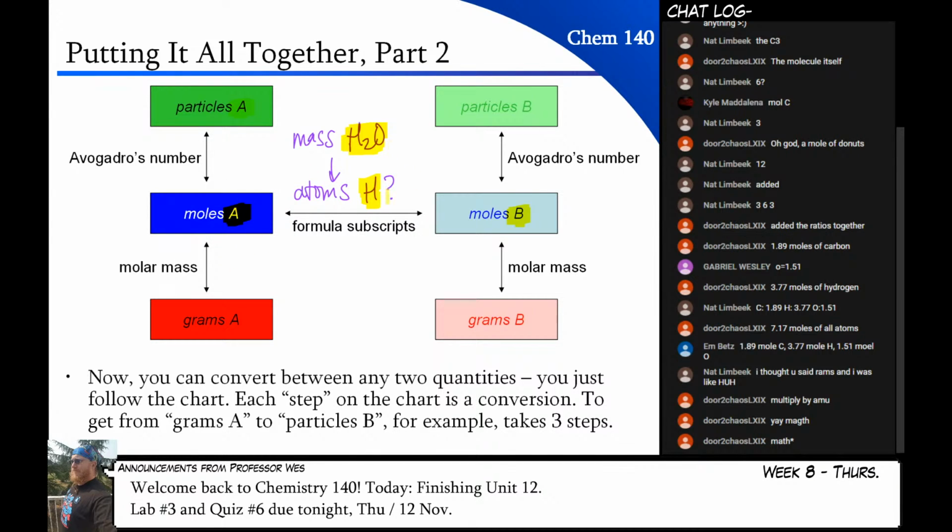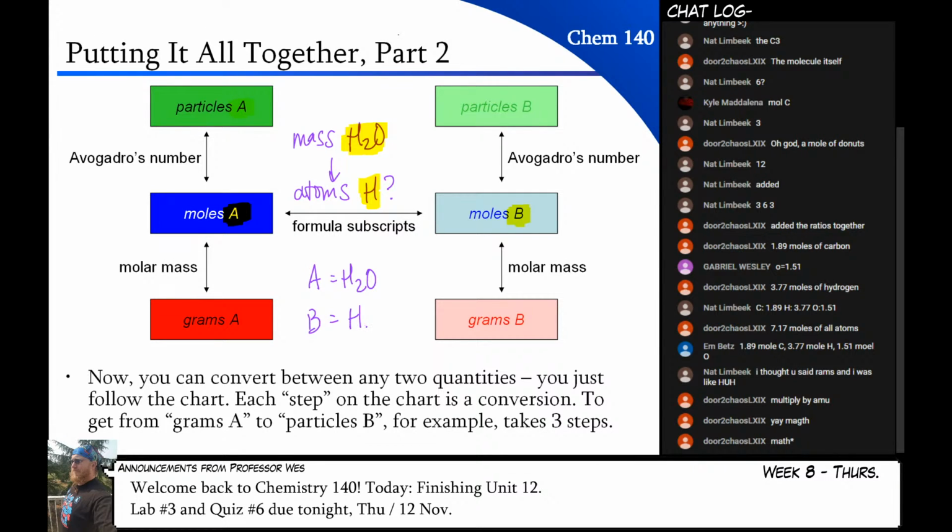But if they're different, see, water and hydrogen are different, we're going to have to turn moles of water into moles of hydrogen. So for this specific problem, A is water and B is hydrogen. So think of just A and B on the chart as a variable.